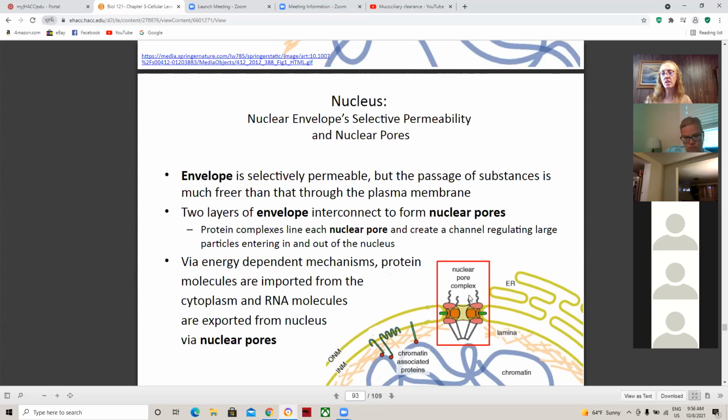The ribosomal subunits, if you remember, we talked about the ribosomes and how they're made of protein and rRNA, ribosomal RNA. So two things that are easily going to move through these nuclear pores are mRNA molecules and the ribosomal subunits.